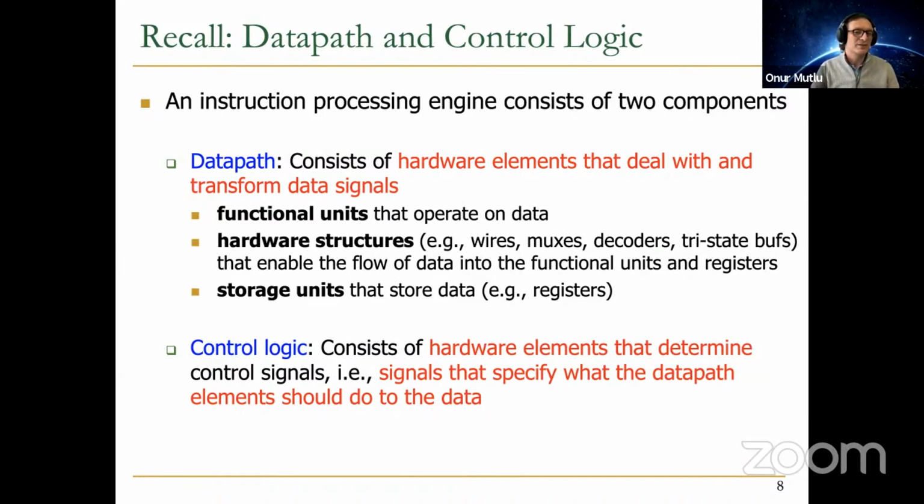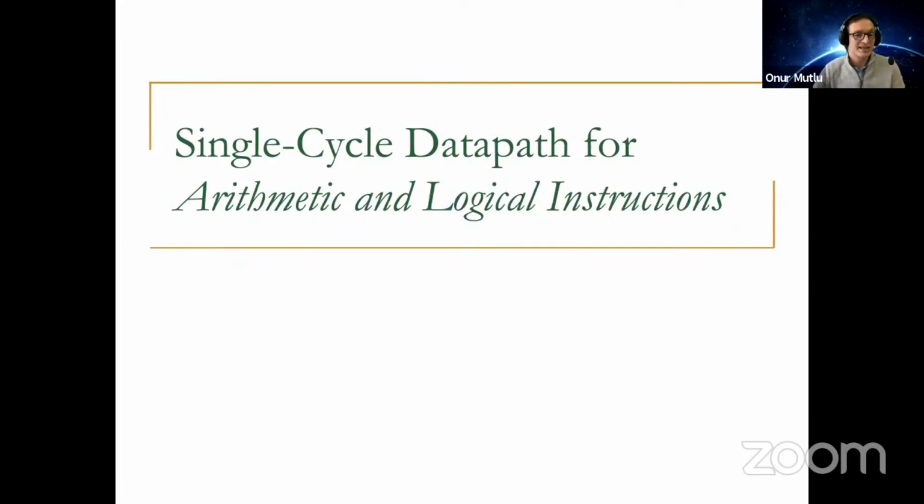So a data path consists of functional units, hardware structures like wires, muxes, decoders, tri-state buffers that enable the flow of the data into the functional units, and storage units that store data like registers. It could also be memory as well. Control logic, on the other hand, is elements that control all of these elements. And we have seen examples of this. And last time we were building a single cycle data path for different types of instructions.